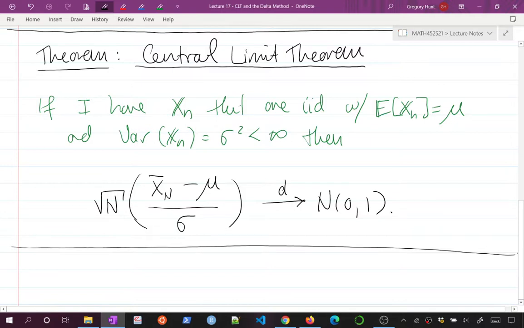So the central limit theorem is one of the reasons why normal distributions are so important. I mean, normal distributions have very deep connections to many places, but this is one of them, which is that X bar, properly scaled, will converge to a standard normal.